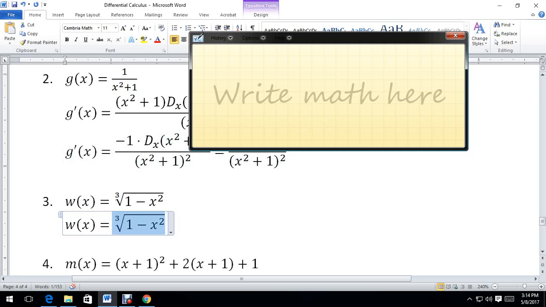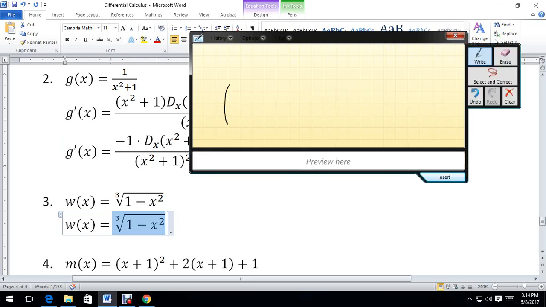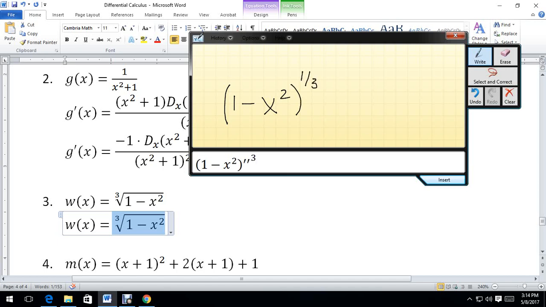So we could replace first our cube root of 1 minus x squared by an expression with exponent, since the cube root is actually raised to 1 over 3. So the entire expression becomes 1 minus x squared raised to 1/3. Let's try to insert that one.